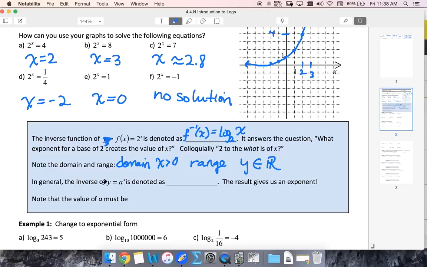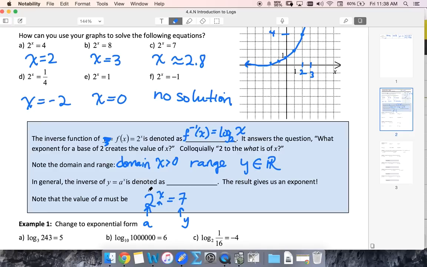Now, if I want to think about just switching these things around, currently this y is the answer to the evaluated power. So if we go back to our example of 2 to the x equals 7, in this case, the y value is 7, the a value is 2, and the x value is x.